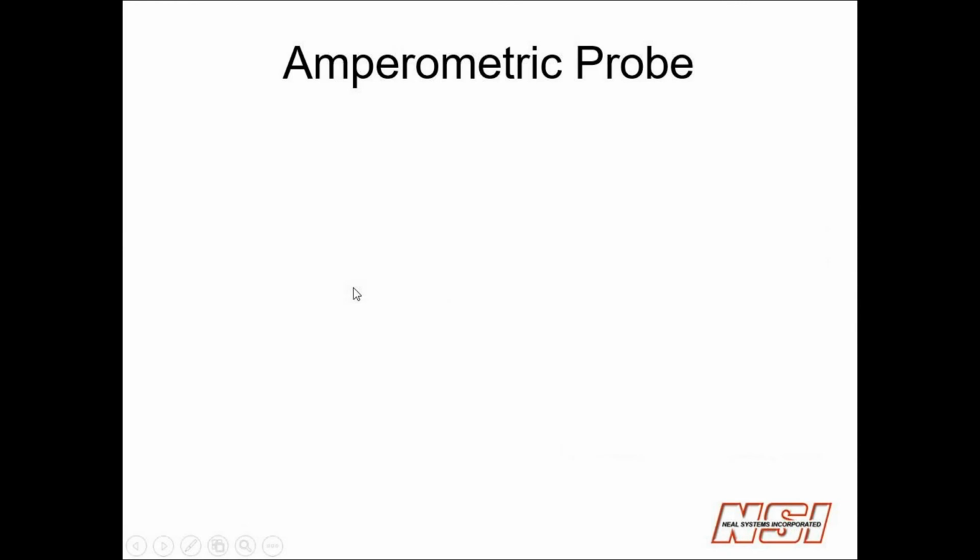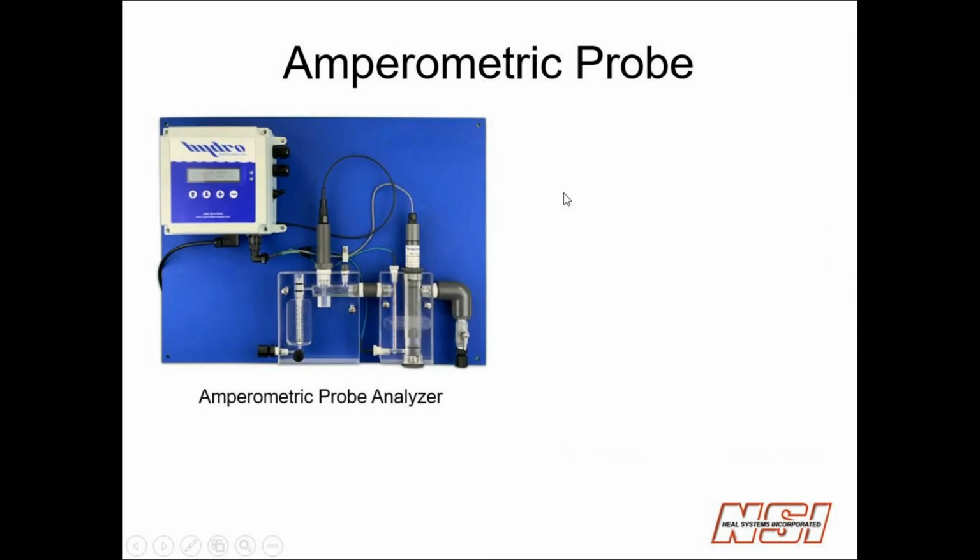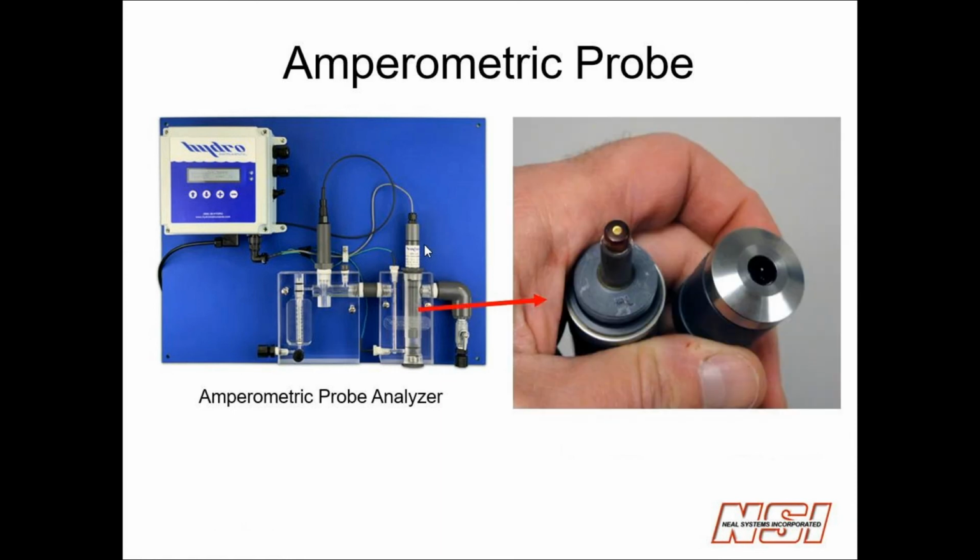The other type of analyzer, which is becoming more popular, is an amperometric probe type analyzer. These probe analyzers essentially use a probe that's in a cell. And that probe is very similar to the amperometric analyzer, the first one I showed you, but it's a little bit different in that the cell is encapsulated.